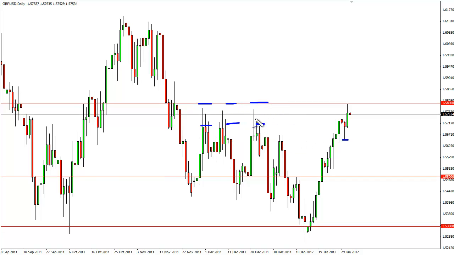They're not just a line, they're going to be a zone. With that hammer, it does look very supportive. But again, I knew 158 was going to be trouble, so for my clients and for myself, I ignored it. Yes, I could have made 80 pips, but I let it go because the risk reward just wasn't there. So that's one way you can use the knowledge of the support and resistance in the markets to plan out a trade.